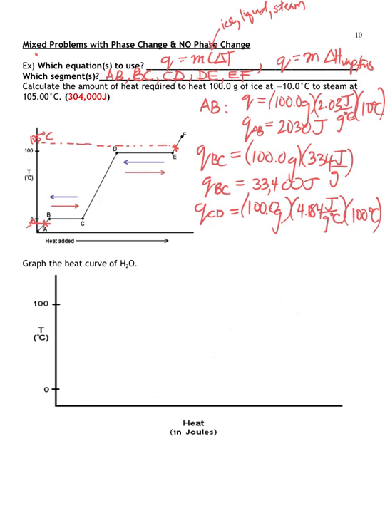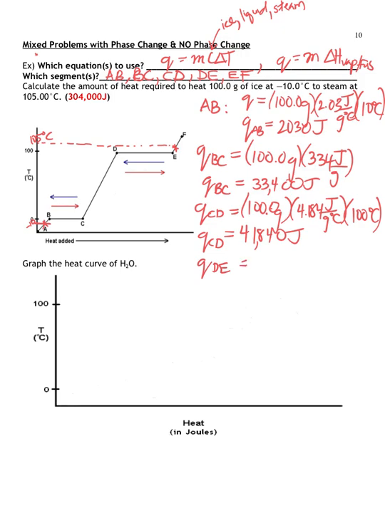That alone gives you, let's see, 418, adding 4 zeros. Okay, so moving the decimal 4 times over to the right, so 41,840 joules. So QCD.